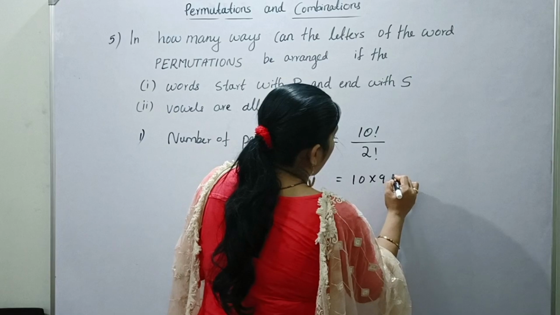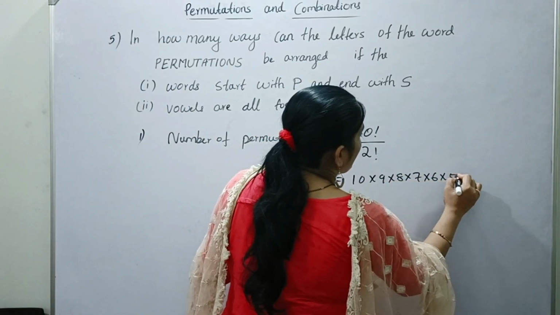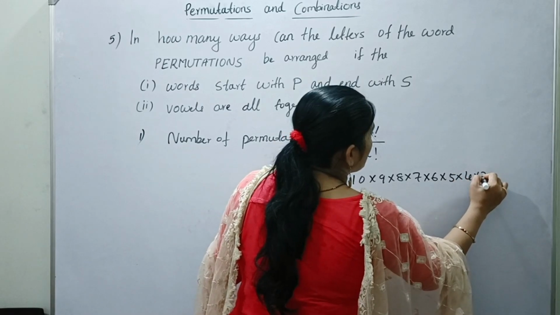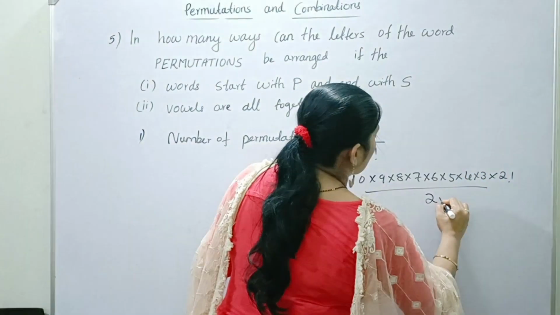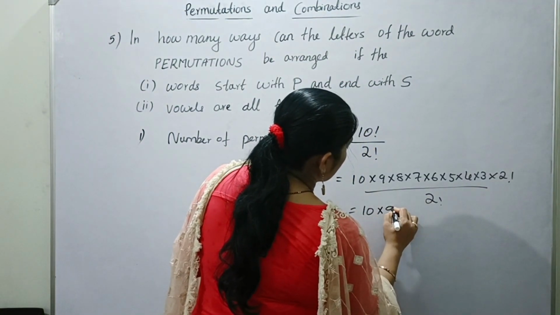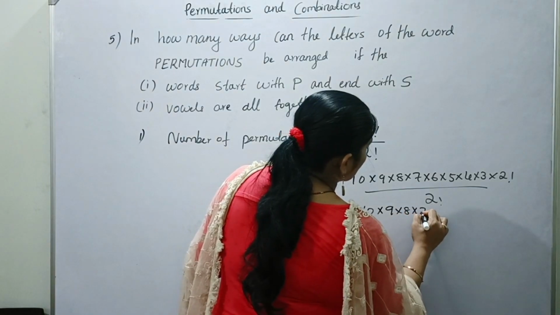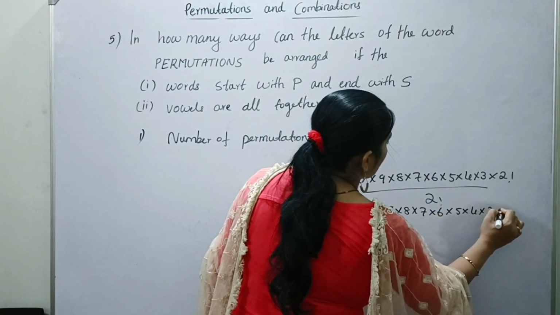That is 10 into 9 into 8 into 7 into 6 into 5 into 4 into 3 into 2 factorial. Okay, so that 2 factorial will cancel. So the answer is 10 into 9 into 8 into 7 into 6 into 5 into 4 into 3.